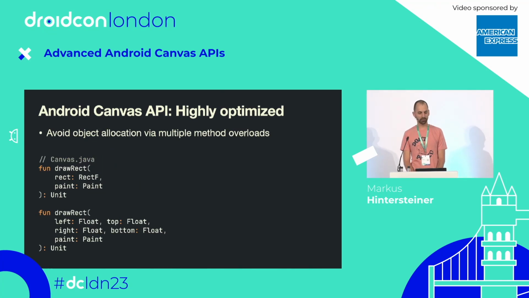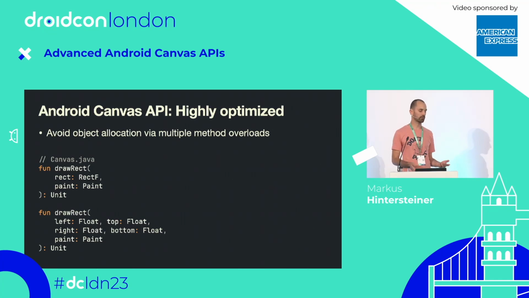The Android Canvas API is huge. There are many methods in there. And there's a reason for that, and that's performance. So there were a few different strategies used to improve the performance, because we want to make drawing fast, right? One of the strategies is to avoid object allocations by simply providing multiple method overloads.